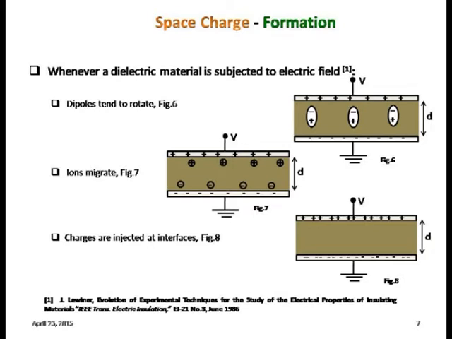Why is this plus plus plus, minus minus minus accumulated here? This is due to the alignment of dipoles in the direction of the electric field, and these charges are called interfacial charges. This is actually neutral only. This is an ideal dielectric. These are so close that you will not feel any effect of them inside, and the net charge you may consider as 0.